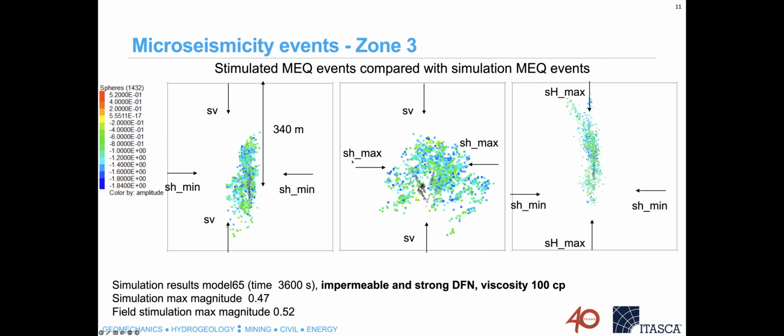In zone 3, we compare 2 different cases. One is permeable and frictional, and another is impermeable and strong DFM. You can see either one will give you a reasonable match. Next one.